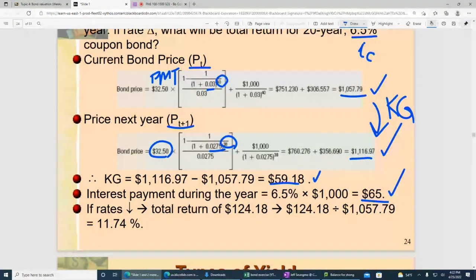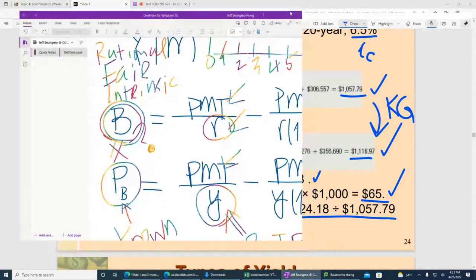So the total return will be 214. You divide it by the price you paid, so the holding period return or total return will be 11.74. Okay. Again, take a look at this.